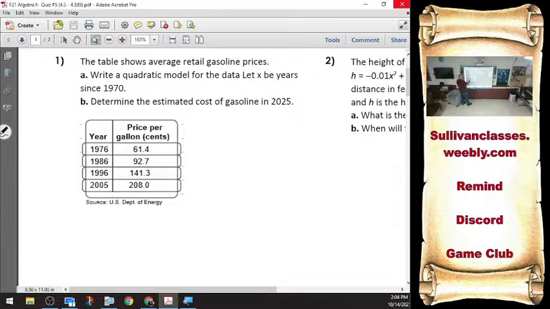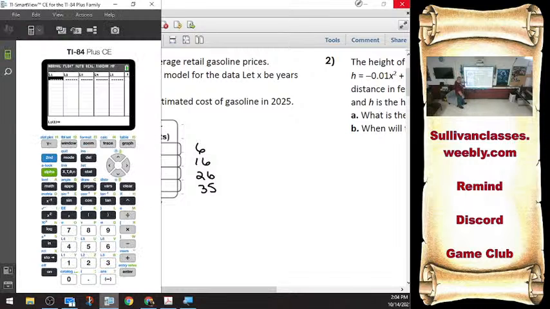So, not these. 6, 16, 26, and 35. Okay, I'm writing them over there because now I can actually see them.